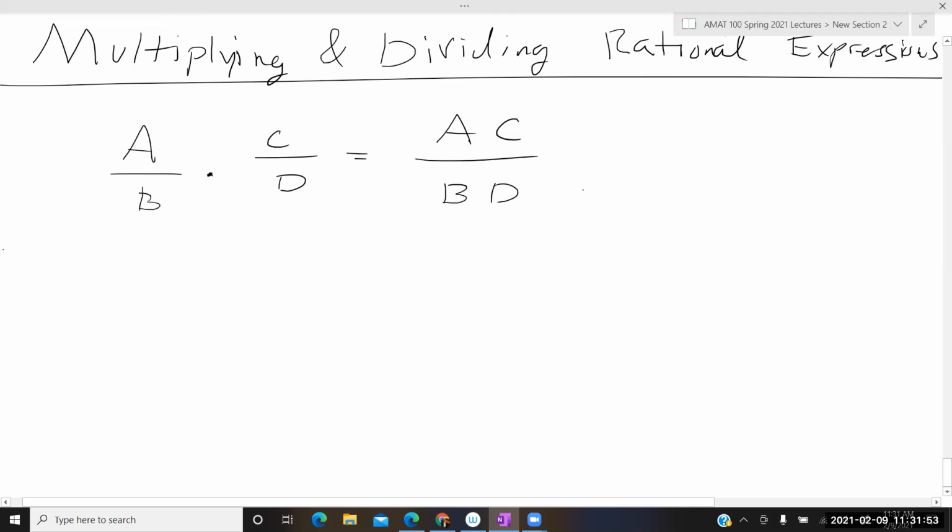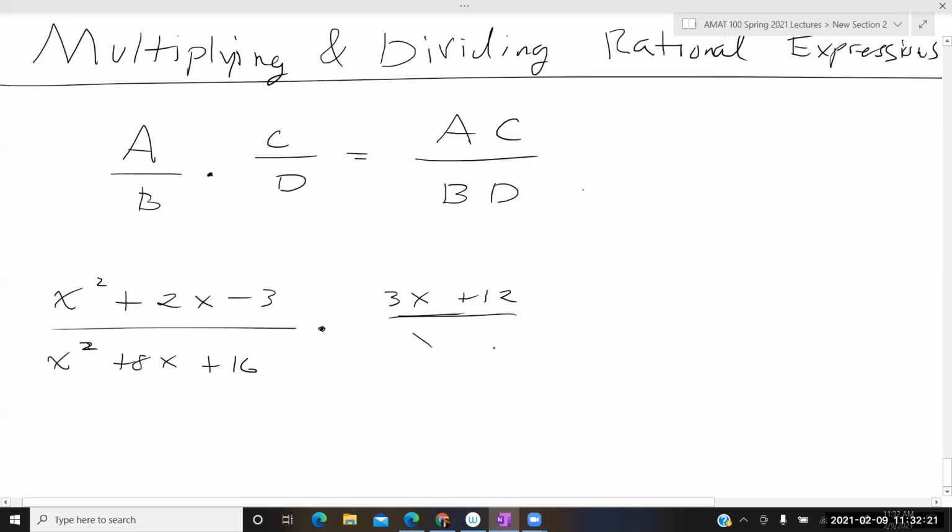This example asks us to perform the indicated multiplication and then simplify. So we have x squared plus 2x minus 3 over x squared plus 8x plus 16, times 3x plus 12 over x minus 1.